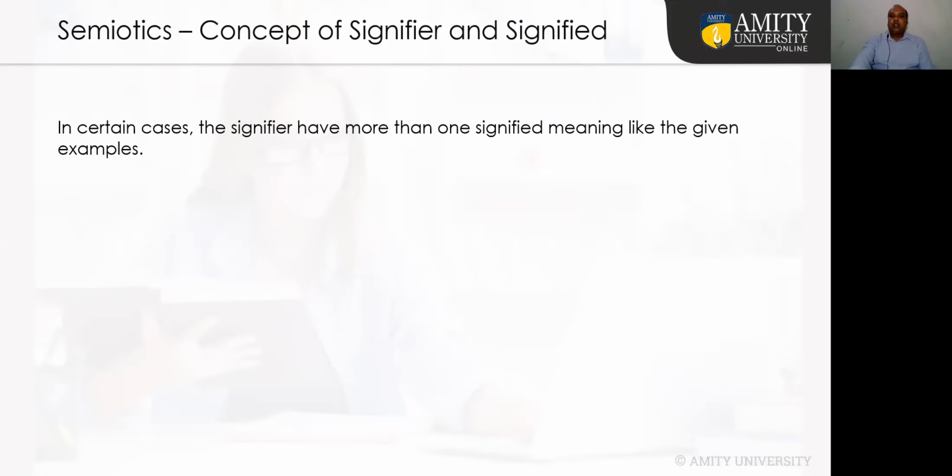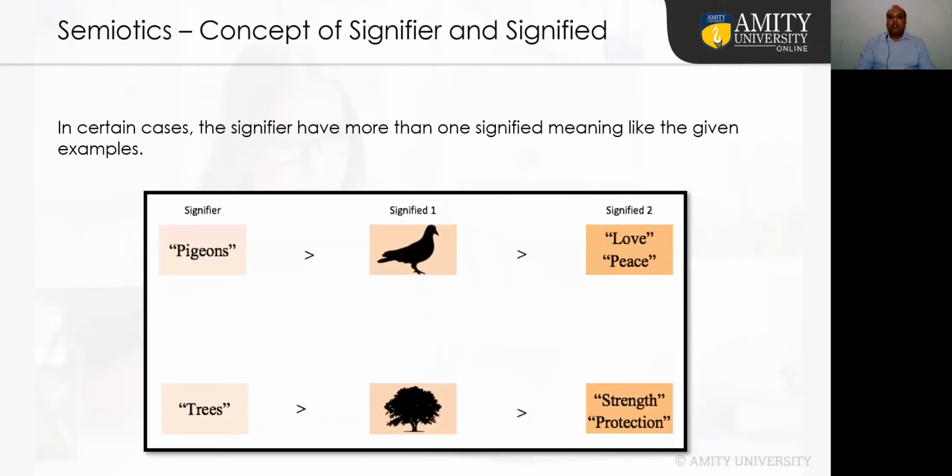In certain cases, the signifier has more than one signified meaning, like this example. Sometimes there are different aspects, different analysis or different signification. Suppose there is a pigeon. Whenever you think about a pigeon, it is just a bird, but it also has some message connected to it.